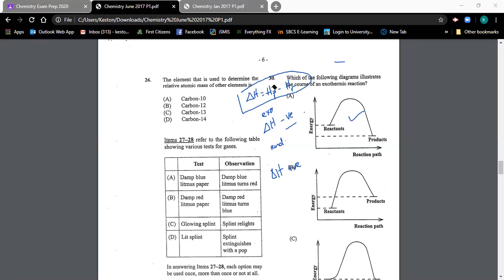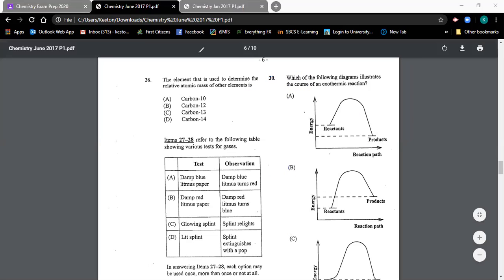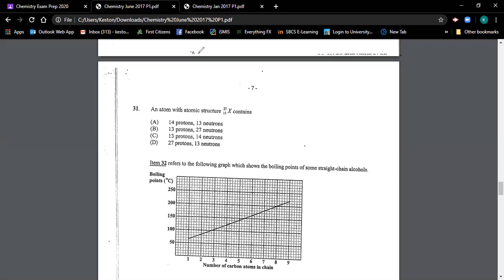Enthalpy change is the difference between the enthalpy of the products and the enthalpy of the reactants. An exothermic reaction has a negative enthalpy change, so the reactants are higher. An endothermic reaction has a positive enthalpy change, so the products have to be higher. Make sense? Drop a 1 if it makes sense. Nice. Good. Makes sense.